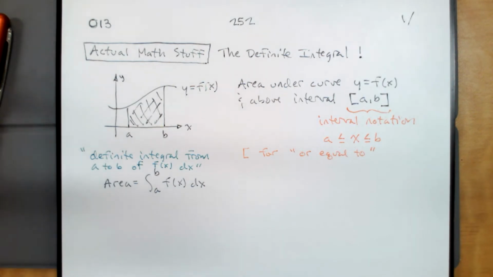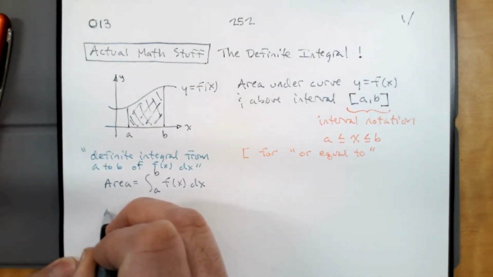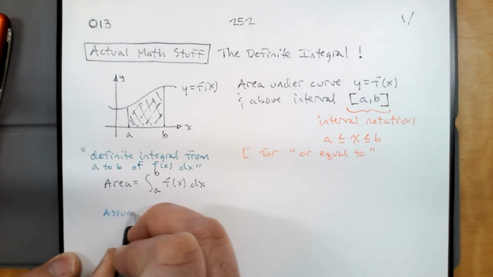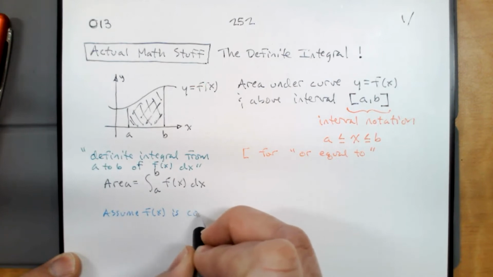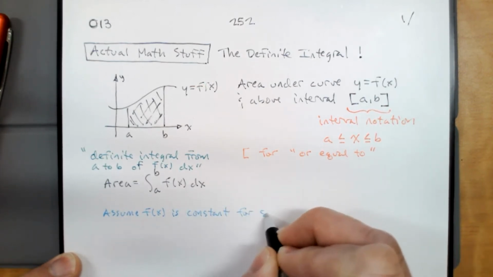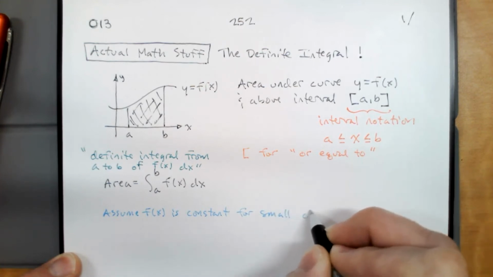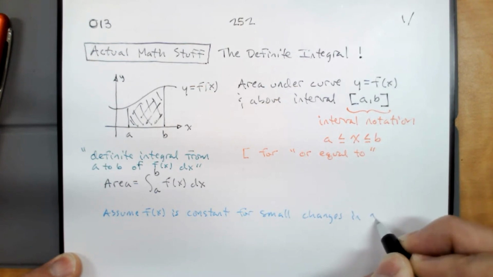The way the calculation works is we assume that the function is constant for small changes in x.